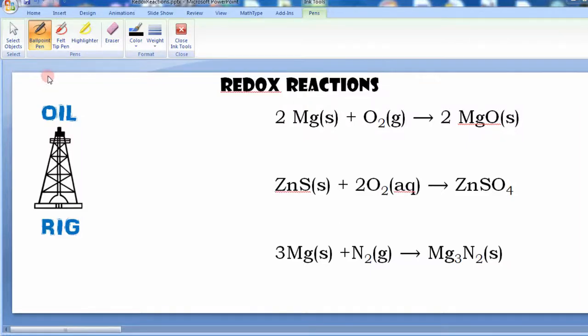Alright, let's talk about redox reactions. So for redox reactions, we must remember this little mnemonic. Oil rig.